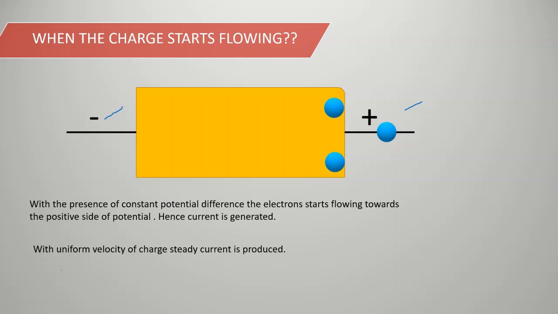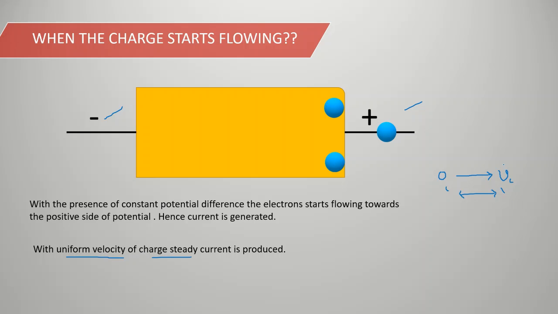Here we consider uniform velocity of charge, so that a steady current is produced. But we all know that when the charge starts to flow, it begins with zero velocity, slowly attains velocity, and reaches a constant velocity. The journey from zero to constant velocity is neglected in our study of this topic.